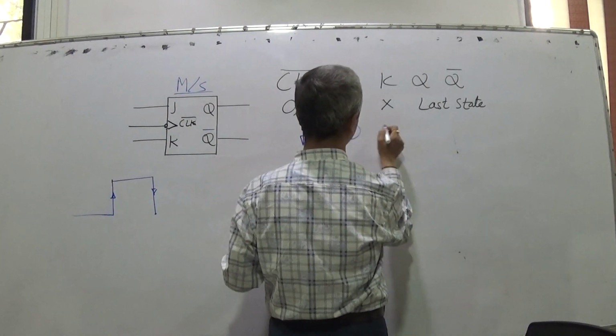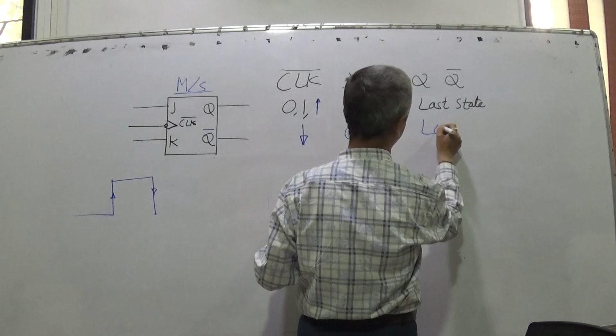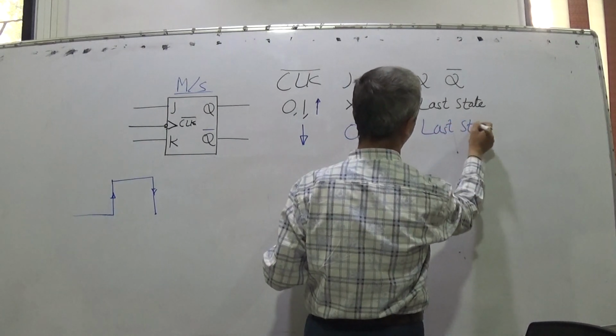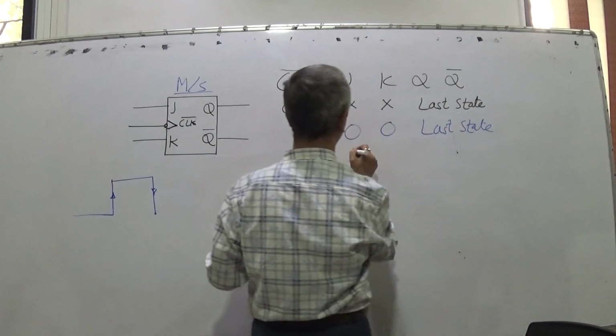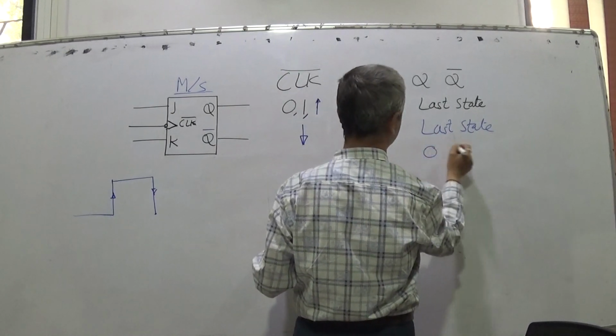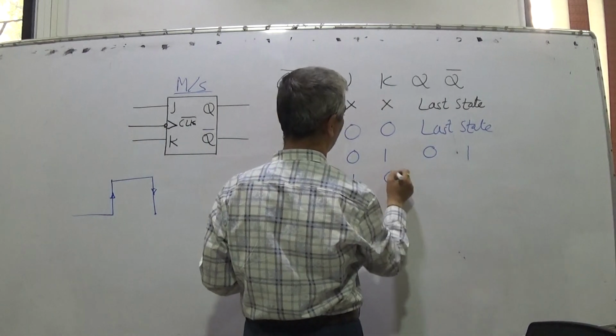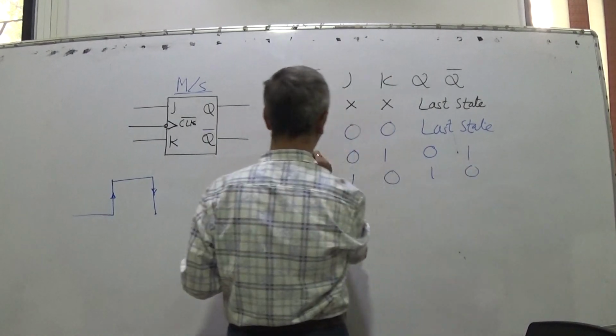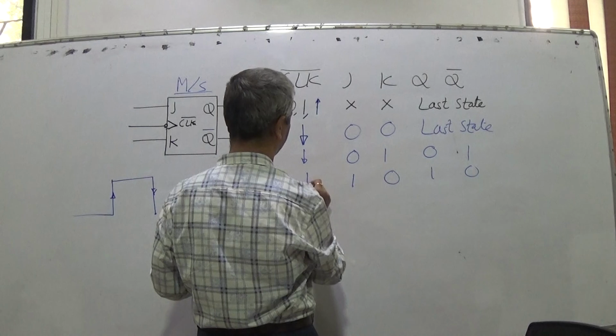So if inputs are 0, 0, still the last state is maintained. If inputs are 0, 1, outputs are 0, 1. If inputs are 1, 0, outputs are 1, 0. And this is at the time of the clock going down.